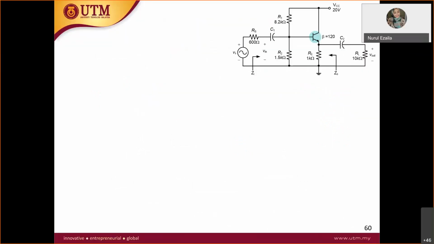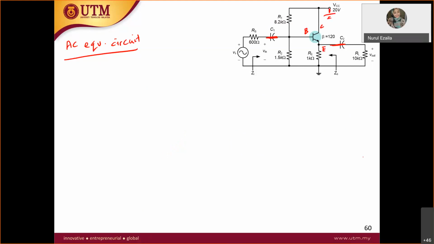To draw the AC equivalent circuit, you need to short circuit all the capacitors, and this DC voltage becomes grounded. Then we will draw from node to node.